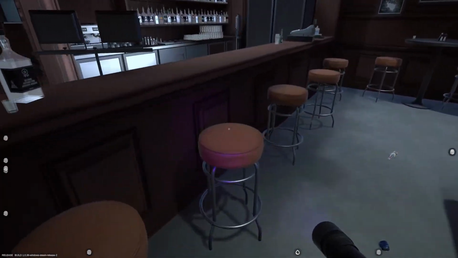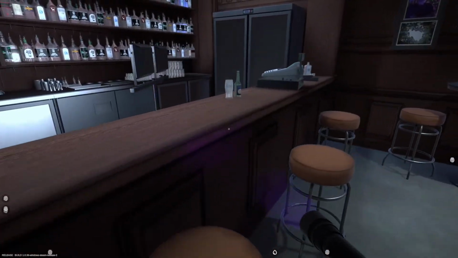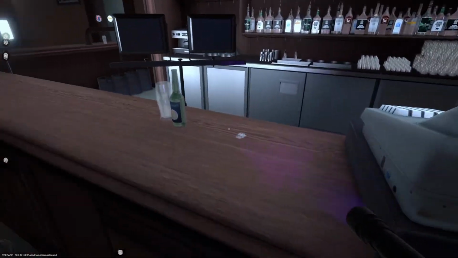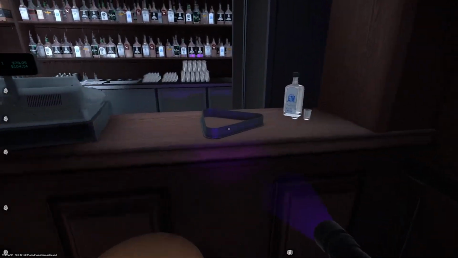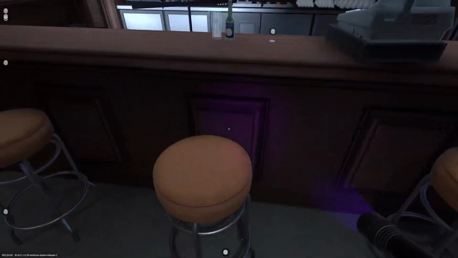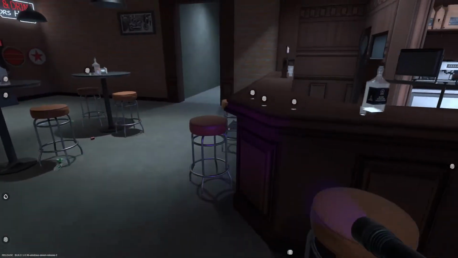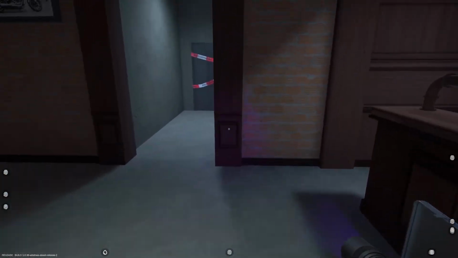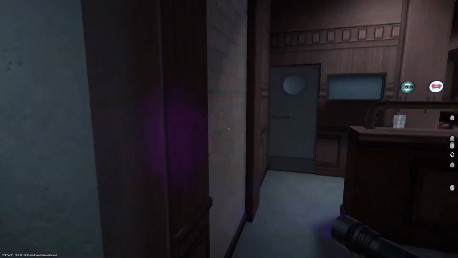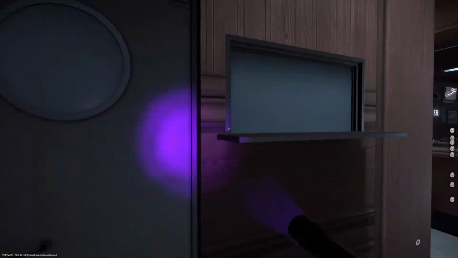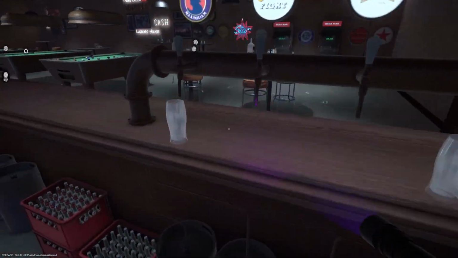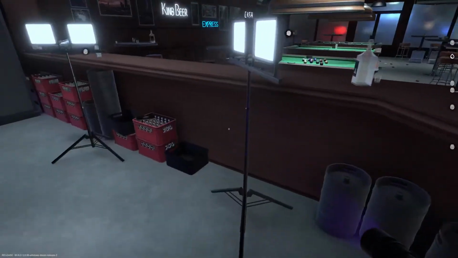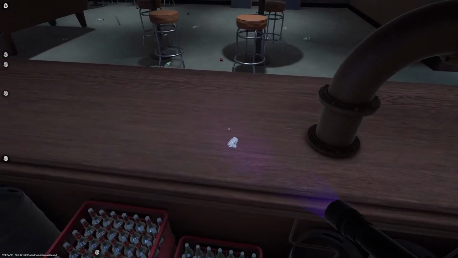Let's get the outside of the bar before we go on the inside. Alright, let's go on the other side here. The inside's gonna be the workers, right?